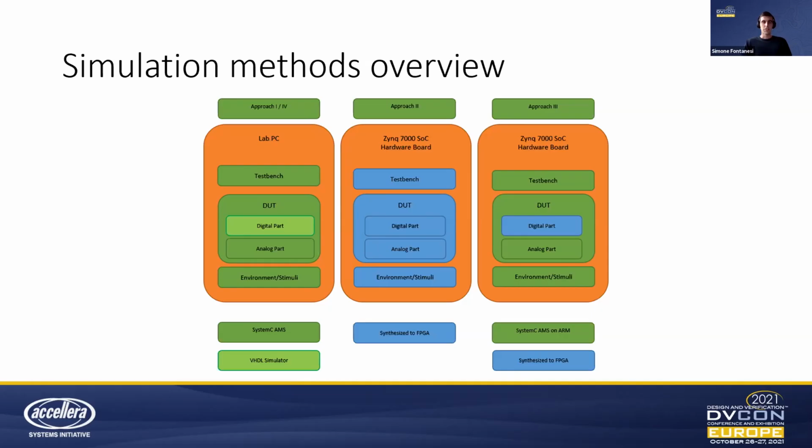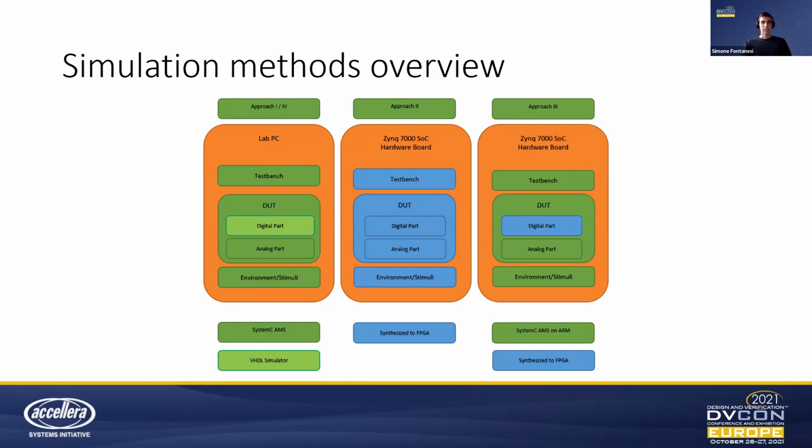So the 4 simulation approaches that we have compared in this work are shown at high level in this slide. And then Paul and I will go into details of each of these approaches. So approach number 1 and number 4 are purely virtual, in the sense that everything happens in software in a virtual environment.